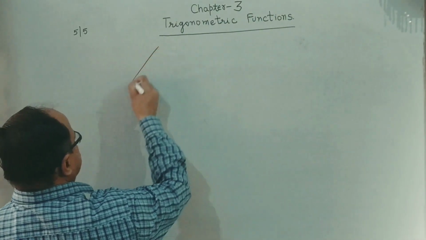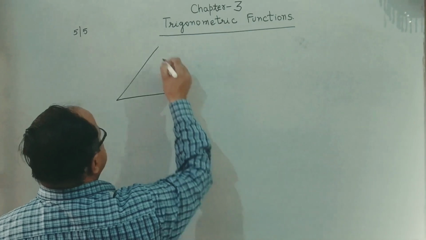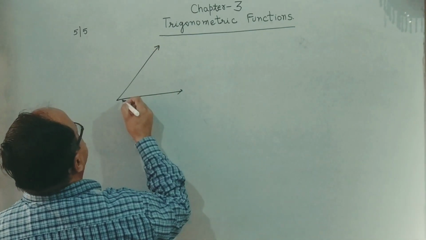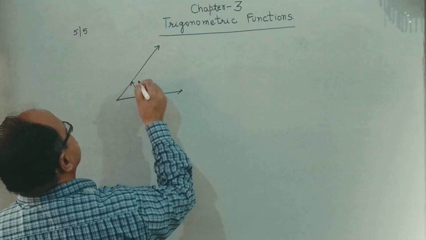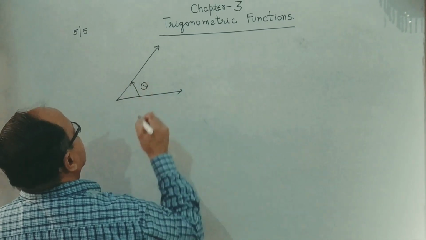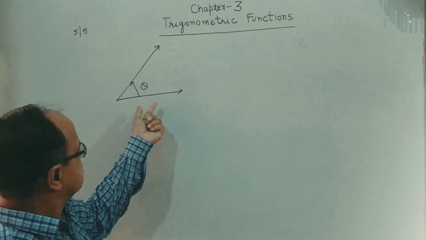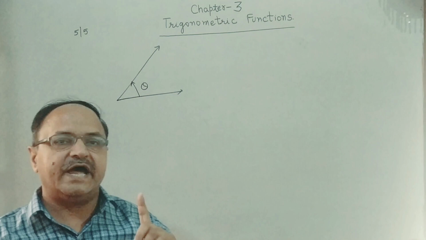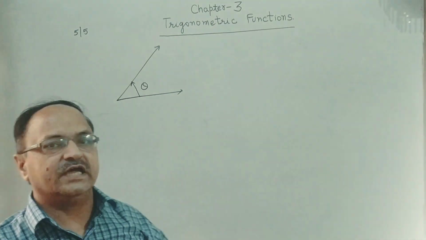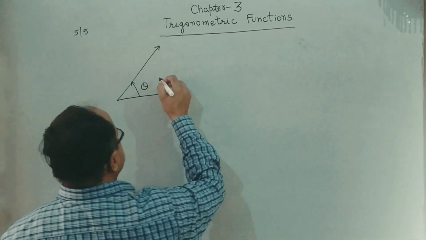In this chapter, there are two angles, positive angle and negative angle. If your rotation is anti-clockwise, then it is a positive angle.